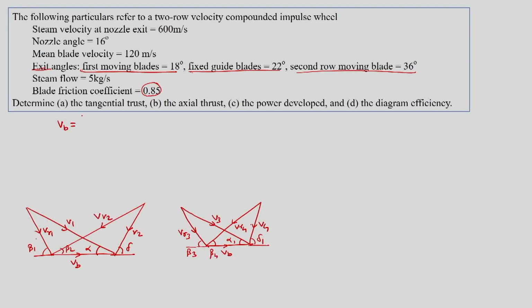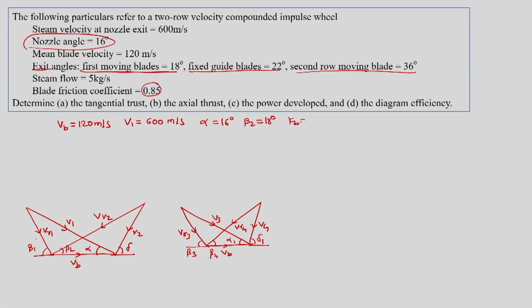Since VB is given as 120 meters per second, V1 is given as 600 meter per second, alpha 1 which is the nozzle angle is given as 16 degree, since it is told that the nozzle angle is 16, so alpha is 16 degree. Beta 2, which is the exit angle for the first row moving blades, is given as 18 degree.